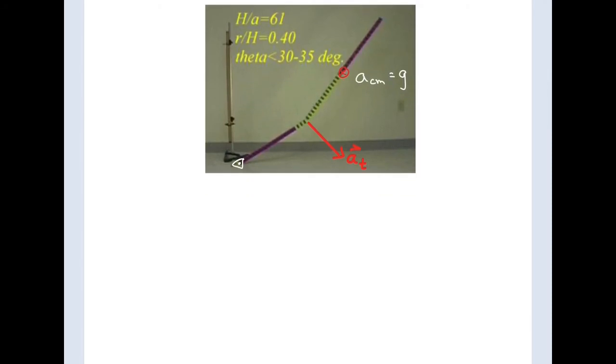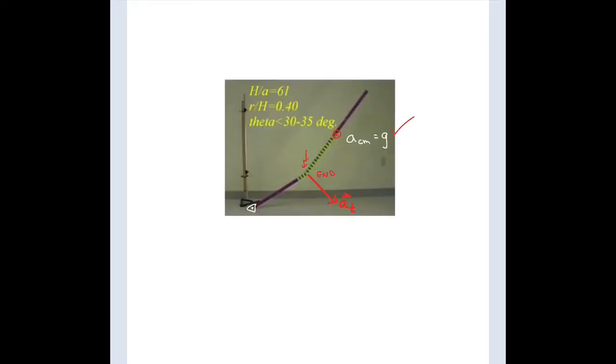Once it breaks apart right there, that becomes the end of the new shorter stick. The tip of that shorter stick is now going to have a large tangential acceleration. And the upper portion of the stick is no longer connected right there, so the center of mass is going to be in free fall with acceleration g.